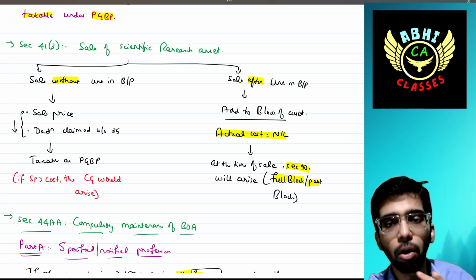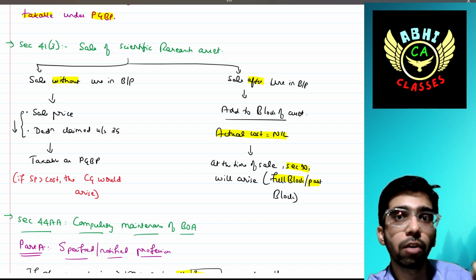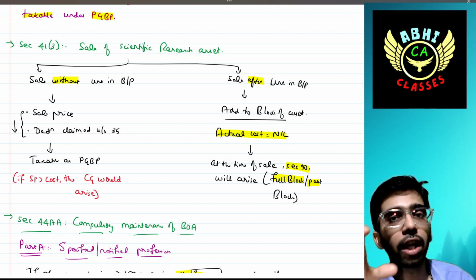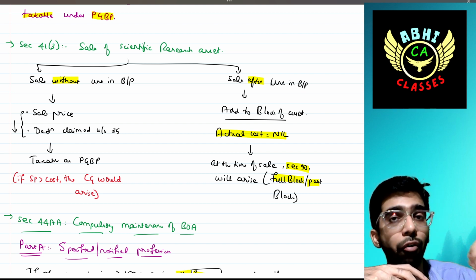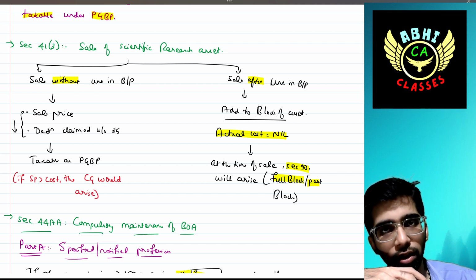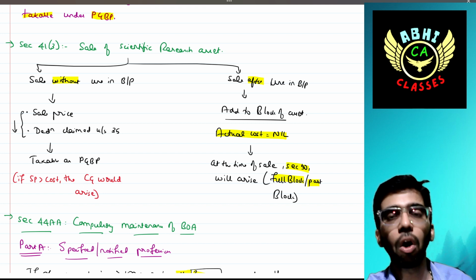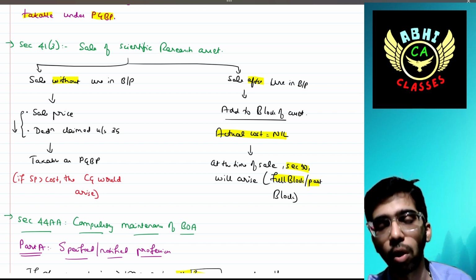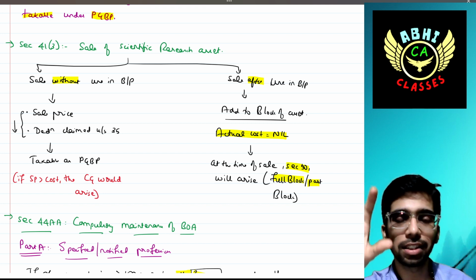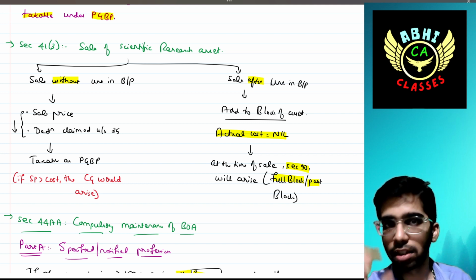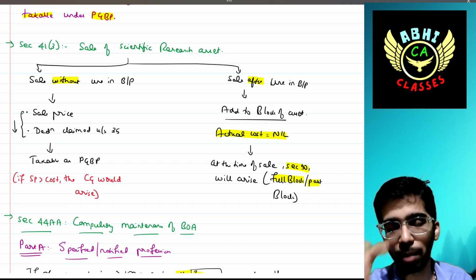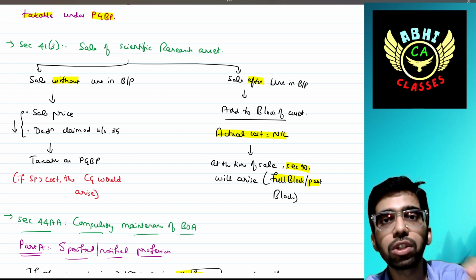This concept, full block and part block, means capital gain would arise even though the asset would be there, or capital gain in which case the value would be nil. In case of full block, the entire block is sold out. Part block means some of the assets are remaining in the block, but its value is negative.